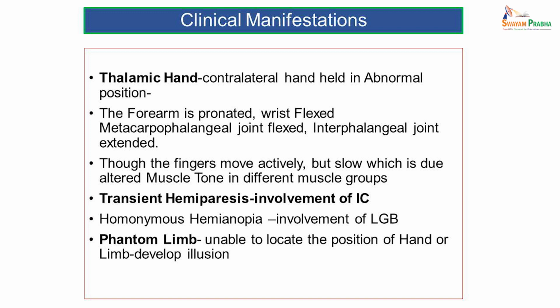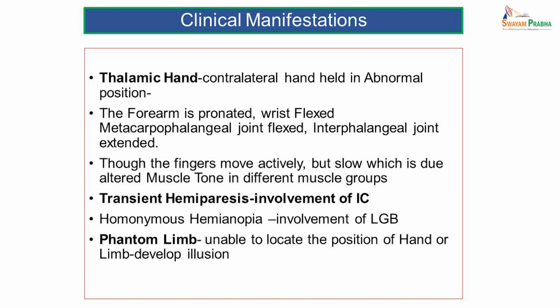Each group of muscle has a different muscle tone, so the activity is slowed down, but movement is possible and the hand is held in this position. If the internal capsule becomes involved, it becomes a transient hemiparesis.